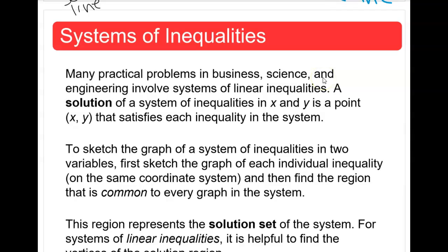So it has to satisfy both, or all three, or all four, or as many inequalities as you have. To sketch the graph of a system of inequalities in two variables, first sketch the graph of each individual inequality on the same coordinate system, and then find the region that is common to every graph in the system.